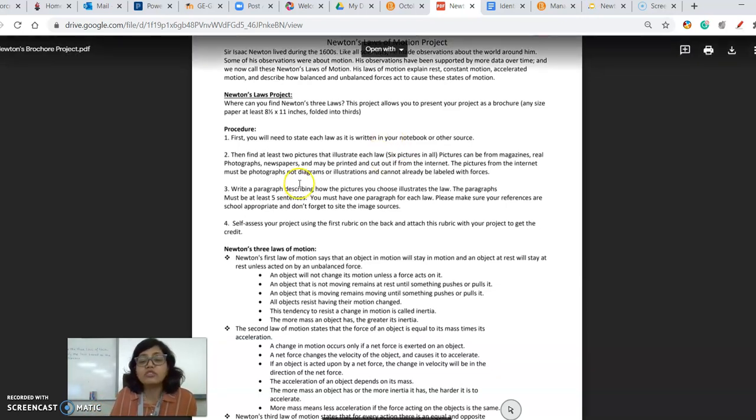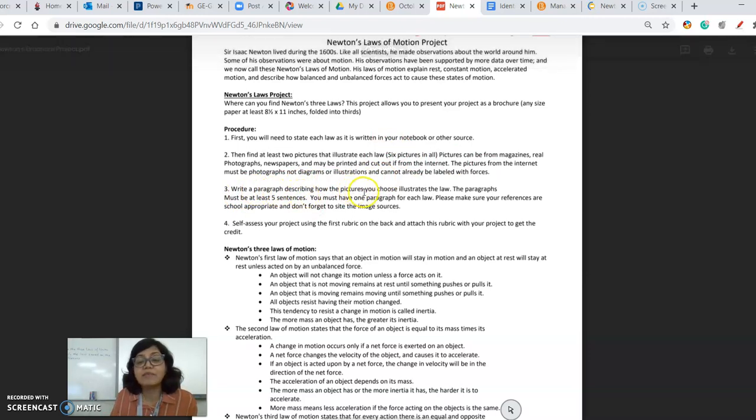And then once you're done with the 6 pictures, you will write a paragraph describing how the pictures you chose illustrate each law. I get this question often: how many paragraphs are we writing? So you're writing 1 paragraph for each law. Now, some students' paragraphs go very lengthy while describing the pictures, because they are completely describing them, which is the right thing to do. So if you want to break a paragraph down in 2 parts, 1 for one picture and then the next picture, I'm fine with that.